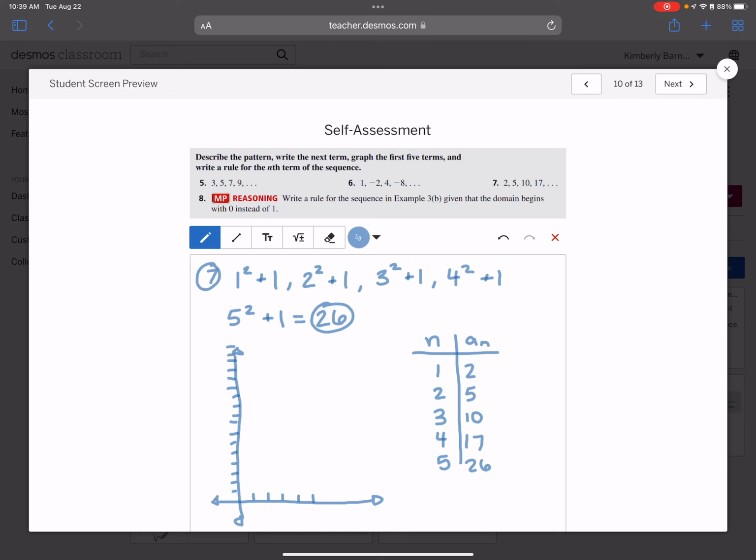So my first point is at 1, 2. Second point is at 2, 5. Third point is at 3, 10. And then fourth point is at 4, 17. And then the fifth point would be all the way at 5, 26. And so my rule for this, a sub n, I'm taking the position, squaring it, adding 1. So n squared plus 1.